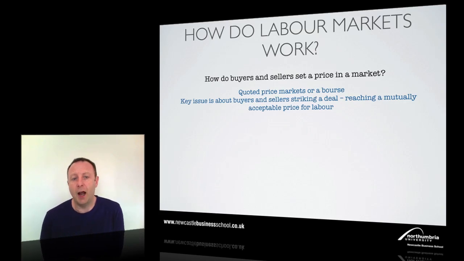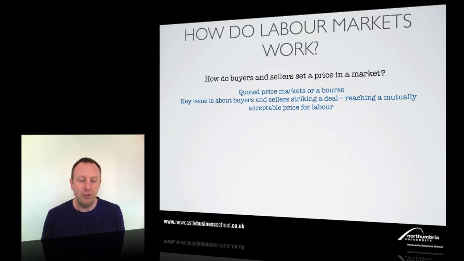Now, we can have all kinds of different markets, quoted price markets or a market like a bourse, but the key issue, regardless of the particular nature of the market, is about how buyers and sellers interact, and specifically about how buyers and sellers in the marketplace strike a deal.